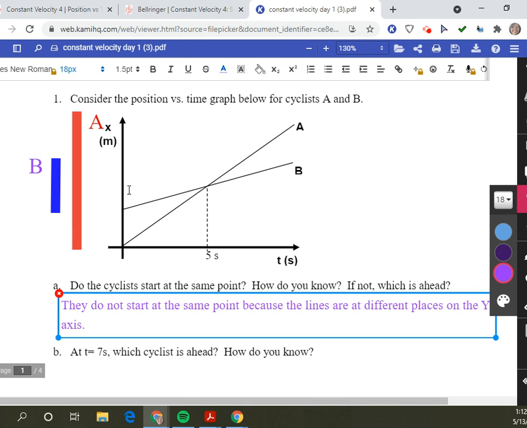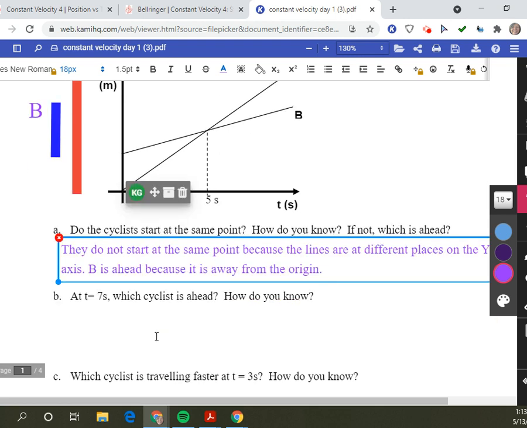Well, we can see that B is farther away from the origin. So that would be like B is getting a jump start. So we could say that B is ahead. And I put too many H's. Because it is away from the origin.